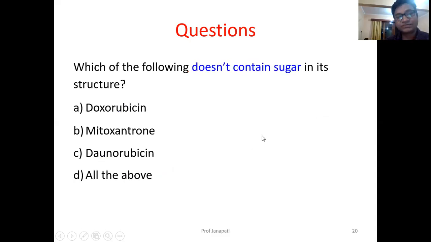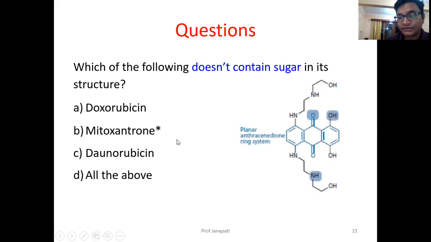Then one more last question, I guess. Which of the following drugs does not contain a sugar molecule? Doxorubicin, mitoxantrone, daunorubicin, all the above. In all these drugs, there is a sugar molecule except mitoxantrone. You can see the structure, there is no sugar molecule, only B, C, D rings are present.